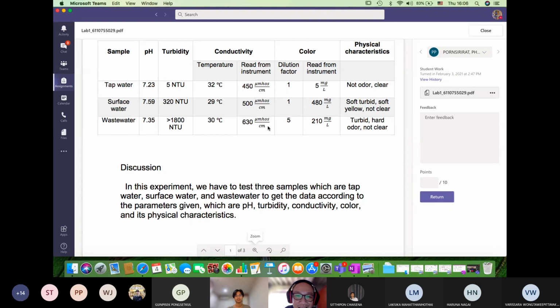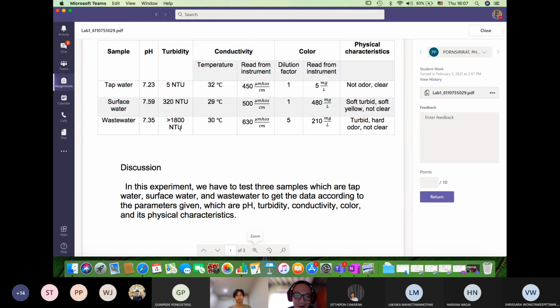There is the color that may need a little adjustment, and then the wastewater needs some observation. For wastewater, normally we don't measure the turbidity because it doesn't have any meaning. But the results that I have given to you contain this number.